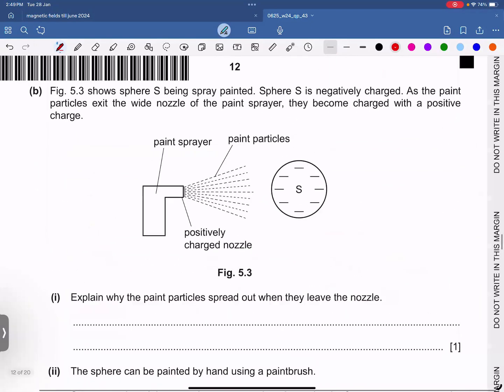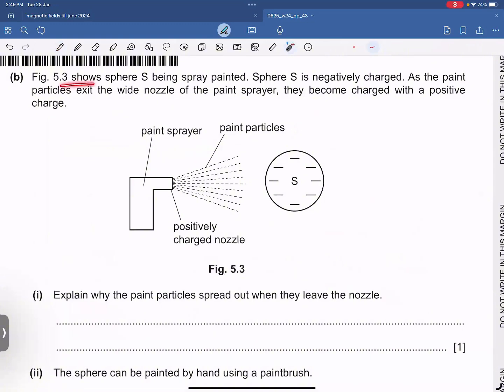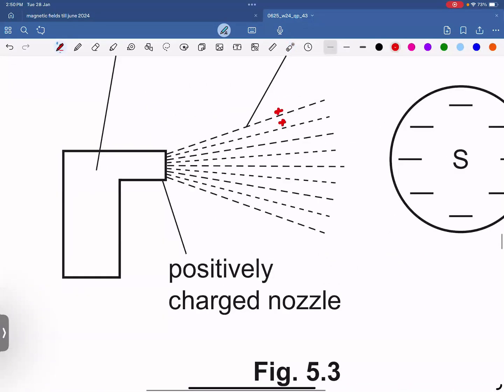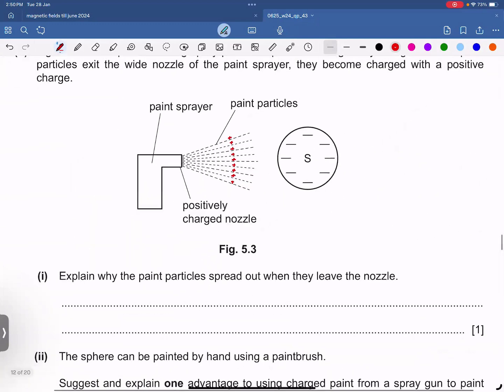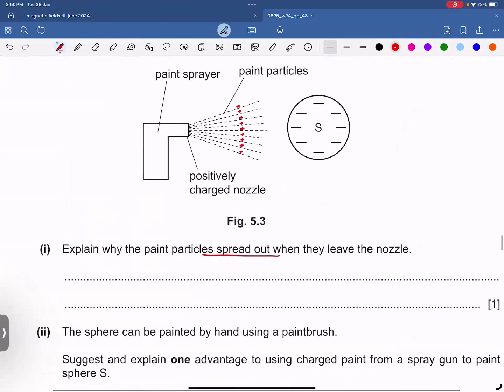Next part. The figure shows sphere S being spray painted. Sphere S is negatively charged. As the paint particles exit the wide nozzle of the paint sprayer, they become charged with positive charge. They all are positive. Students, if they all are positive, what will happen? They will repel each other. So that's the reason the beam is spreading away. Why are the particles spread out?